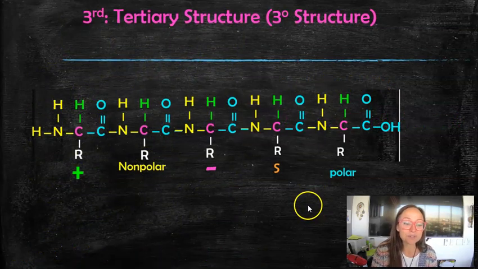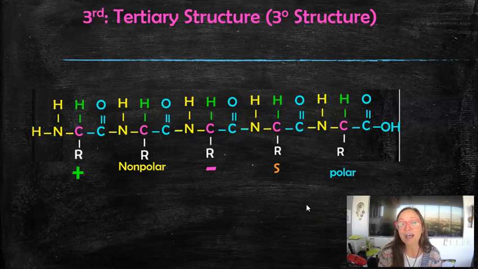So this is called the tertiary structure. And I want to point out that each amino acid R group has unique chemical properties or characteristics. Some R groups are positively charged, some are nonpolar, some are negatively charged, some have sulfur, and some are polar.